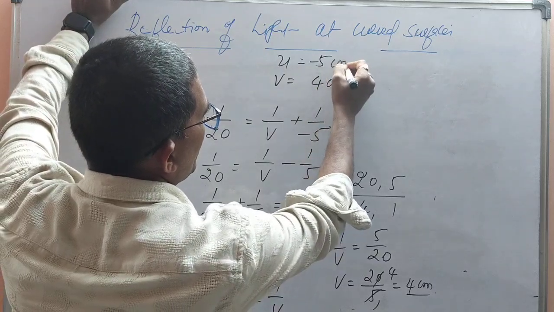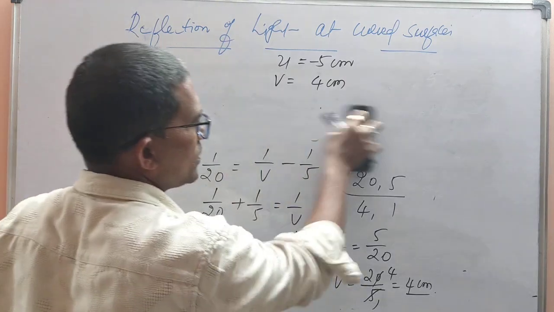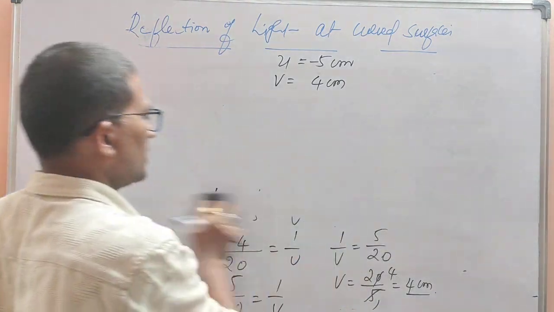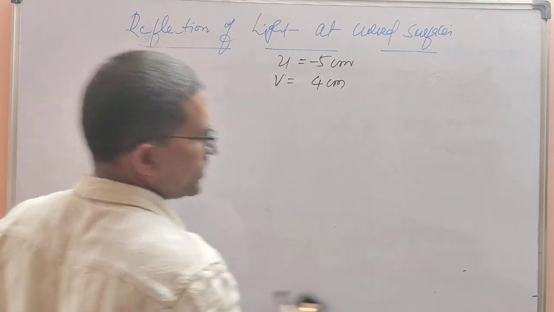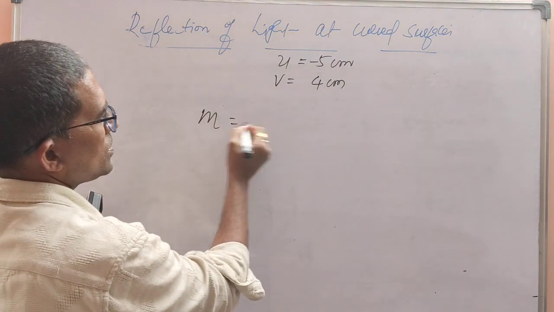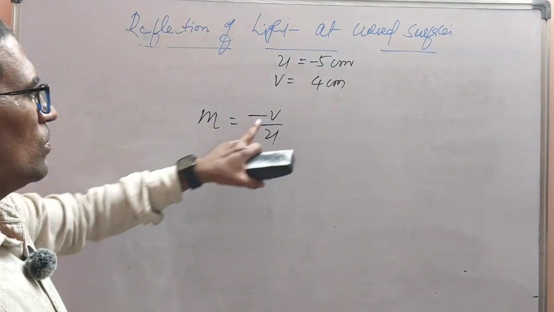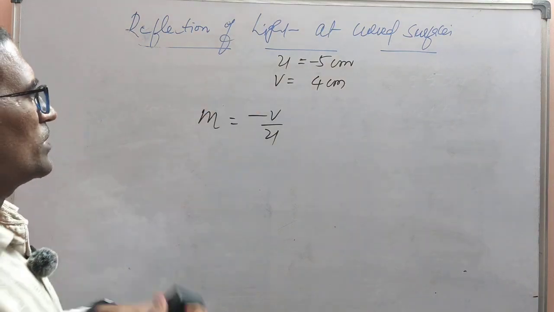We have to find the magnification. The magnification formula: m is equal to minus v by u. M is magnification, v is image distance, u is object distance.